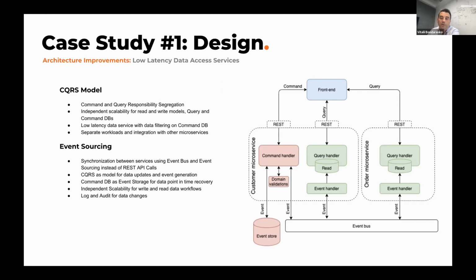But in this specific case, for this client, they still had communication over REST API. So every time we have some changes in the microservices, the event is published to the event bus, and then the REST API is used to update the command database.